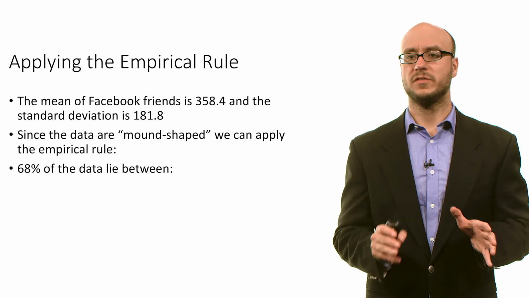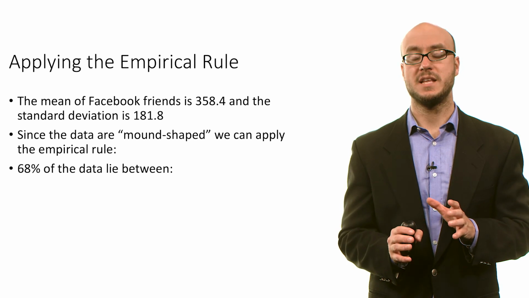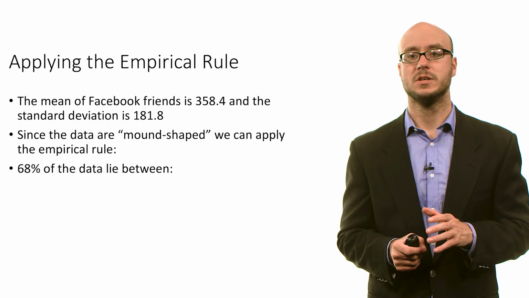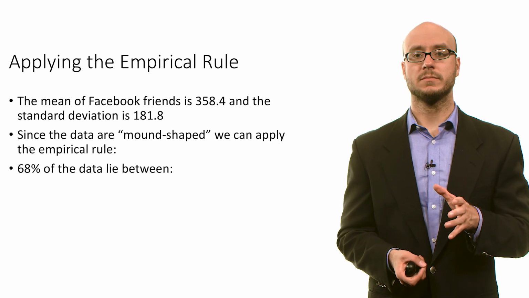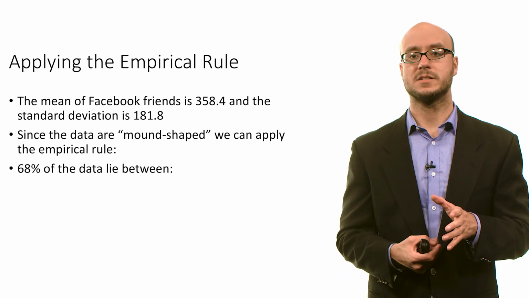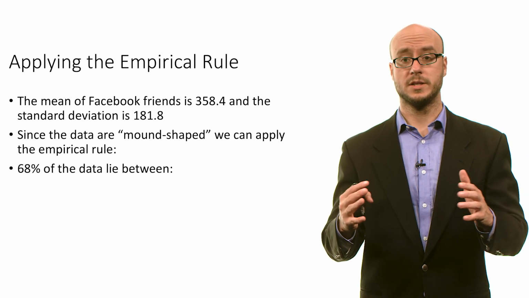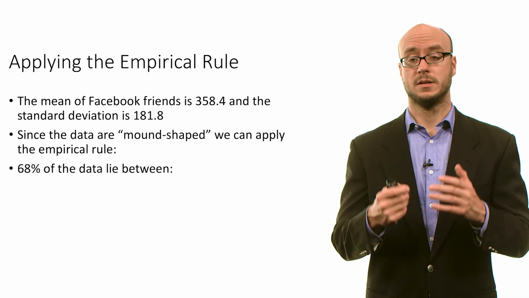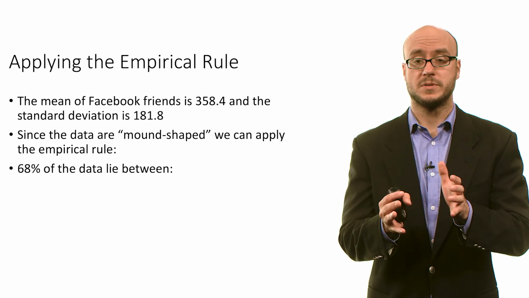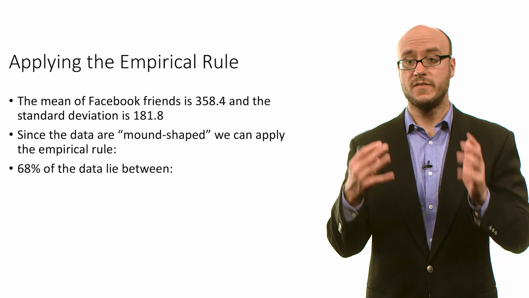So since the data are roughly mound-shaped and symmetric, we know that 68% of the data lie within one standard deviation. So we can construct an interval. You take the mean, you add and subtract the standard deviation, and we know a good chunk of the sample, we could say people, about 68% of people have between 176 and 540 Facebook friends.